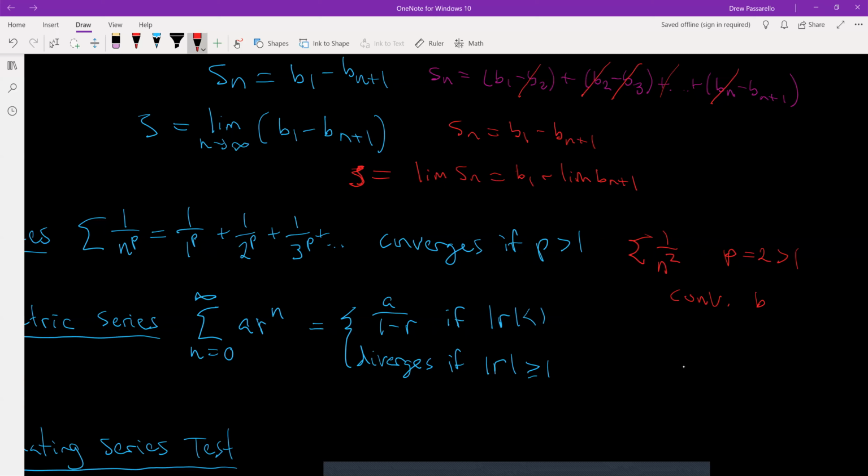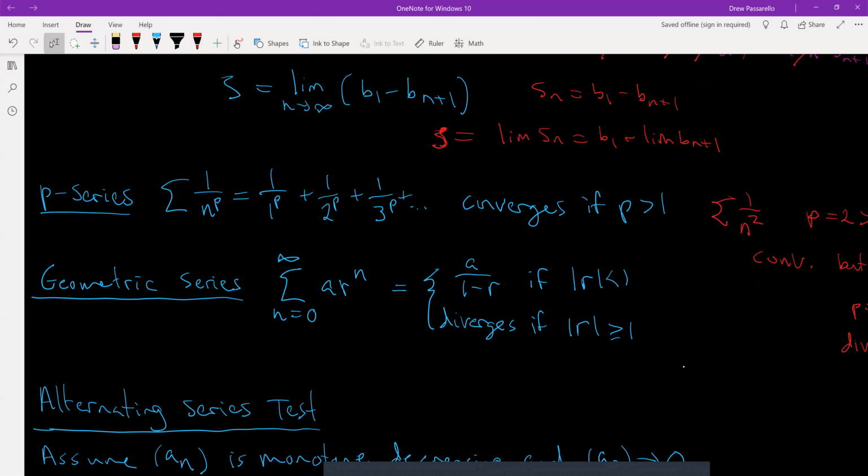But the harmonic series 1 over n has P equal to 1, that's not greater than 1. So it diverges, but I'll show in the next video a better proof than just saying it's a P series with P equal to 1.